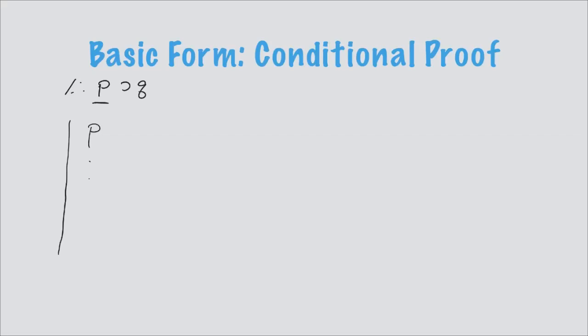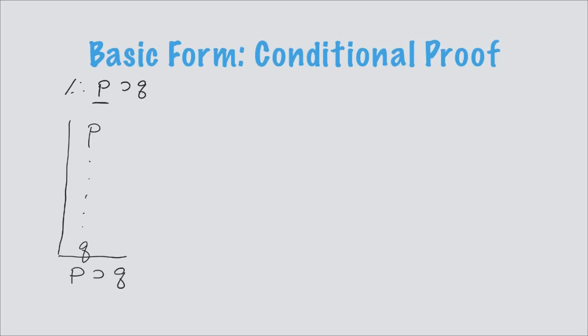Then, using all of my rules on the lines after that assumption, and I can use any of the premises, I can use P just like I would for anything else, using modus ponens or modus tollens or whatever. I derive Q, and once I've shown that if I assume P, Q follows, then I'm allowed to write down P therefore Q.